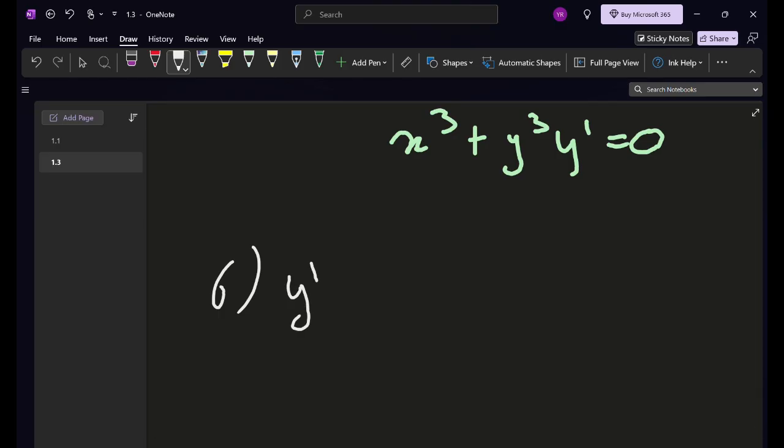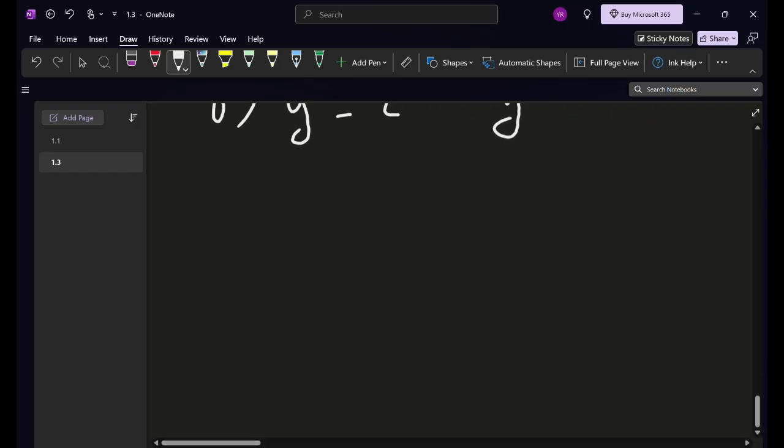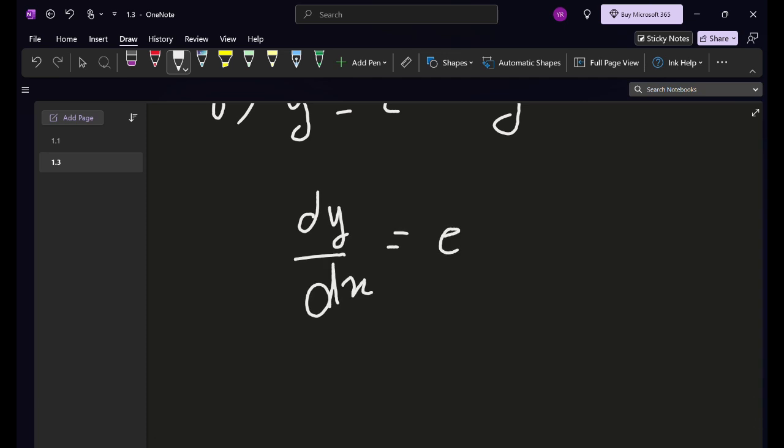So the question is given as y dash is equal to e to the power 2x minus 1 y square, and then this can be written as dy by dx is equal to e to the power 2x minus 1 y square.